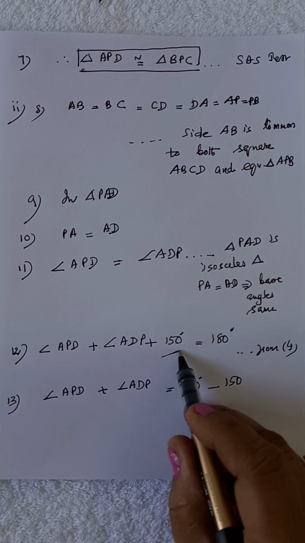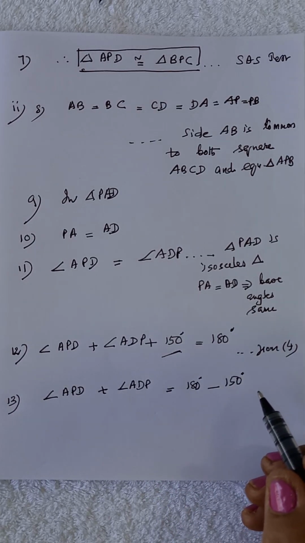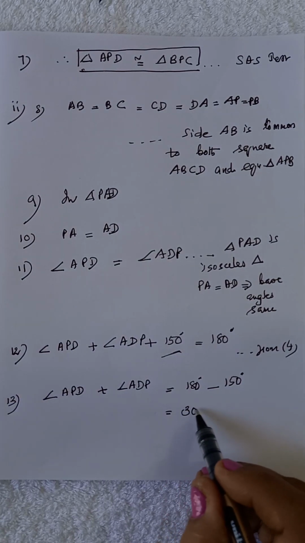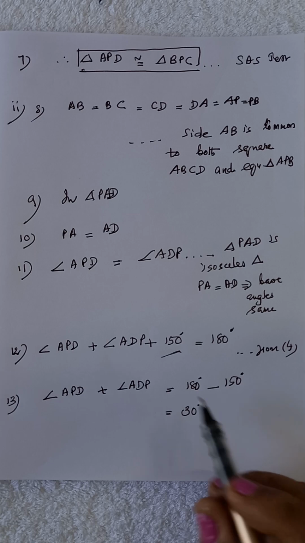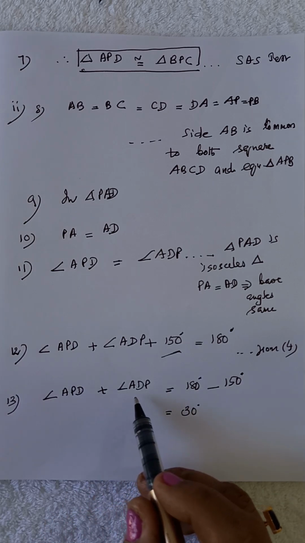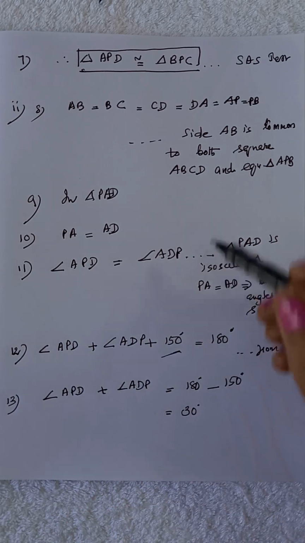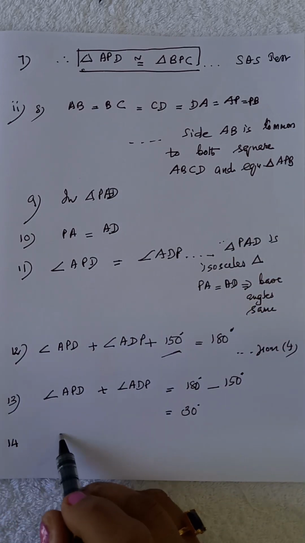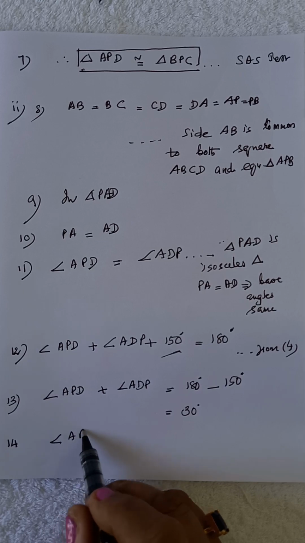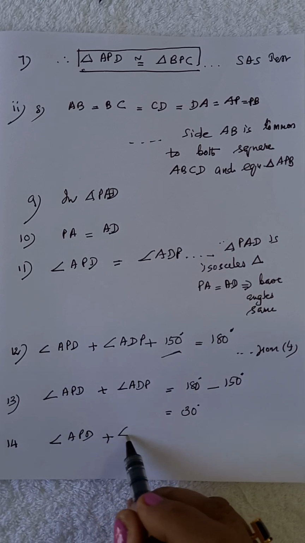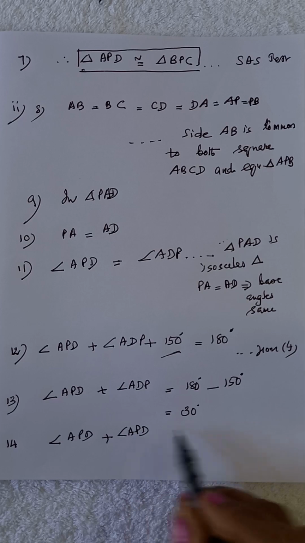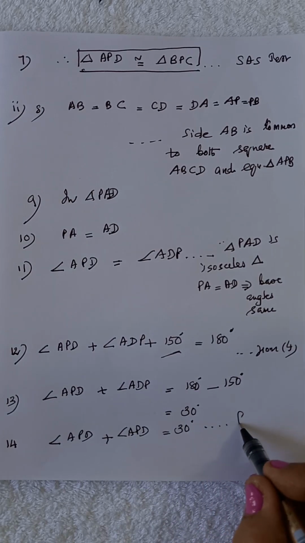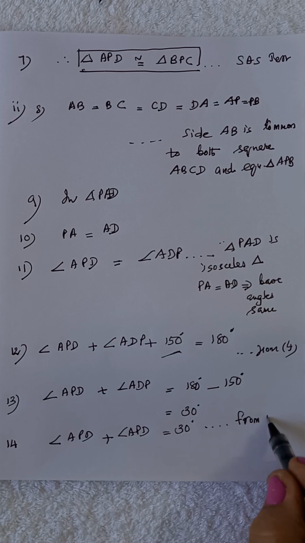We take this 150 degree to the right hand side. What is this? This is 30 degree. But we know angle APD is the same as ADP from this 11. So we can write this as angle APD plus angle APD is equal to 30 degree. What is the reason? That is from 11.